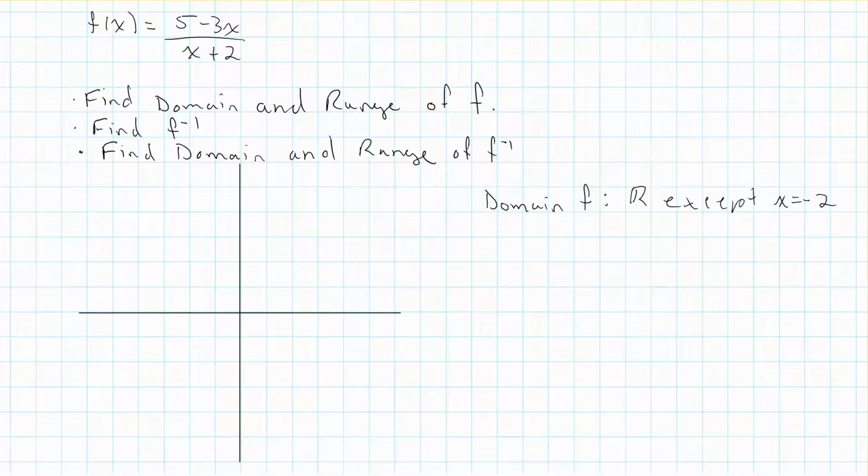And just to help me sketch this here, I'm going to draw a couple lines here. And so the graph of this, and I mean I could make a table and plot a bunch of different points.